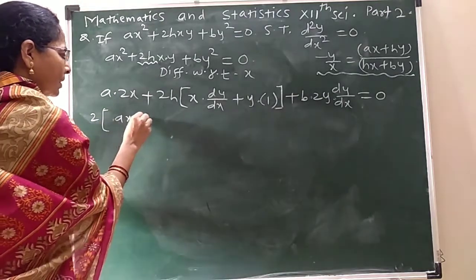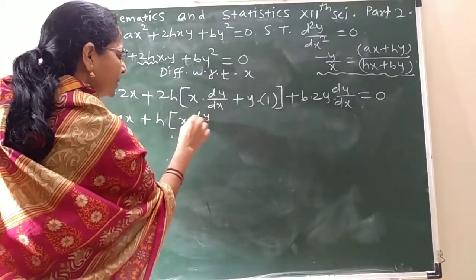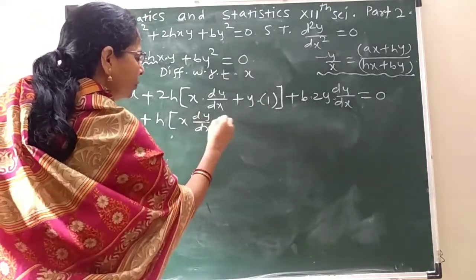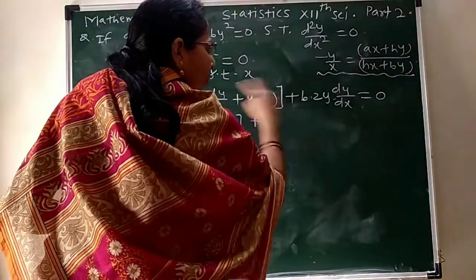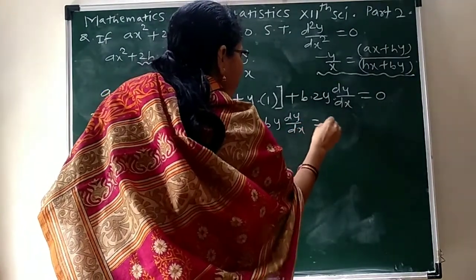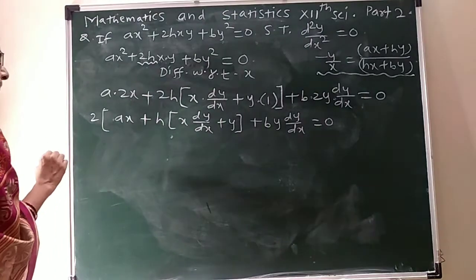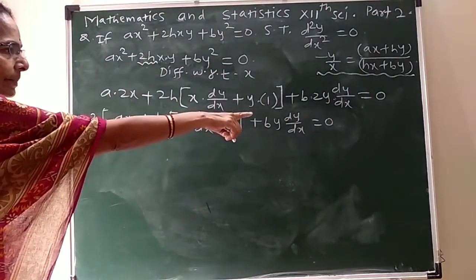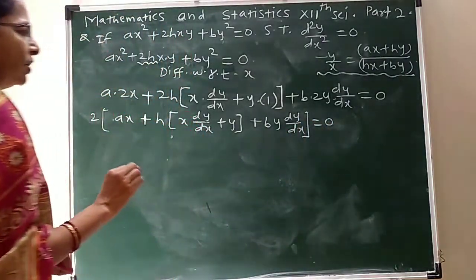ax, h, x dy by dx, y into 1 is y, b 2 common, y dy by dx is equal to 0. The 2 to this side goes to the denominator and it becomes 0.